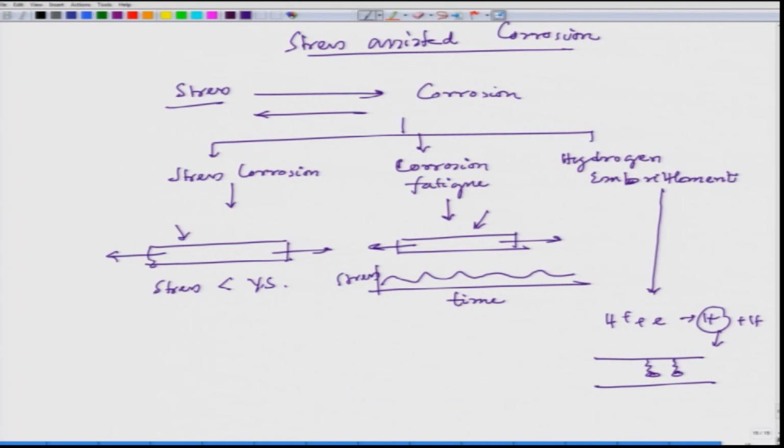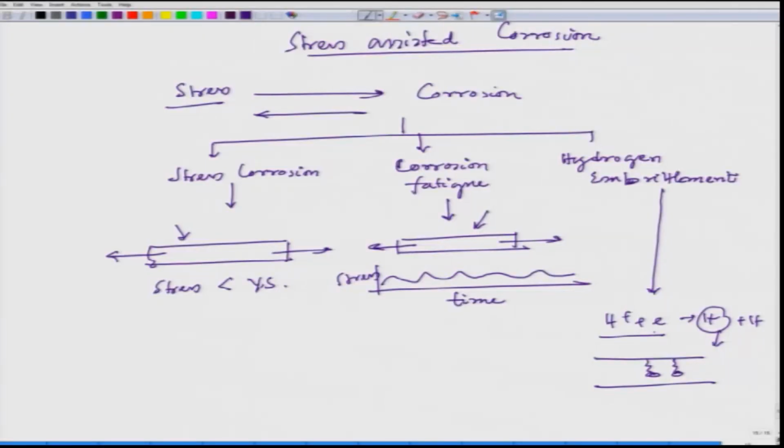This happens because of atomic hydrogen formation due to some cathodic reaction. These forms, stress corrosion, corrosion fatigue and hydrogen embrittlement, generally lead to catastrophe or sudden failure of the component, and those failures could be along the grain boundary.